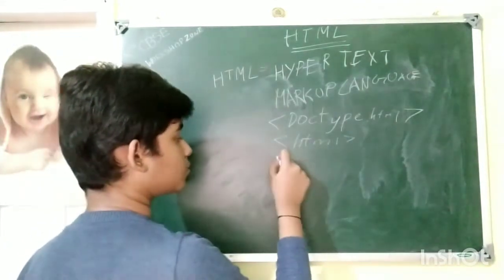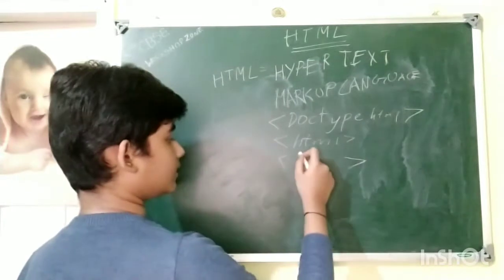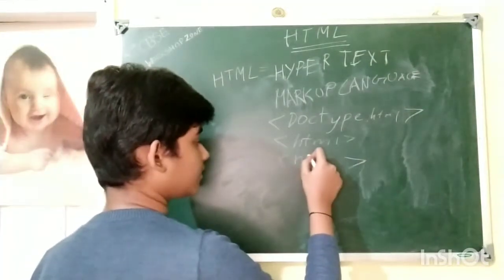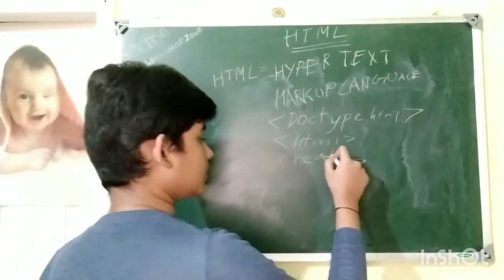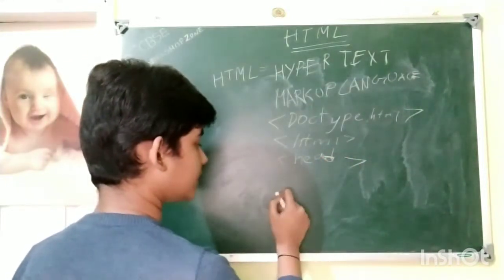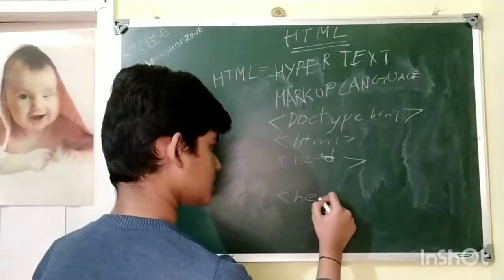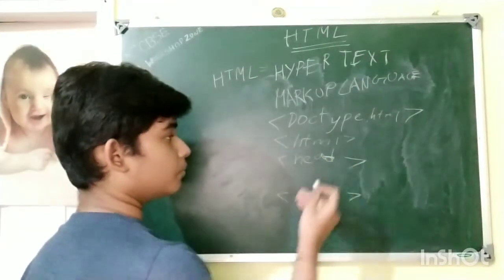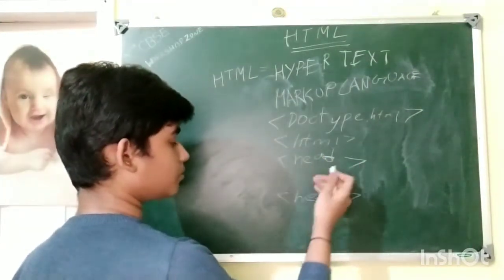And next you have a head. So you write <head> like this, and you write another </head>. And in the middle of both of these tags, you can write elements.